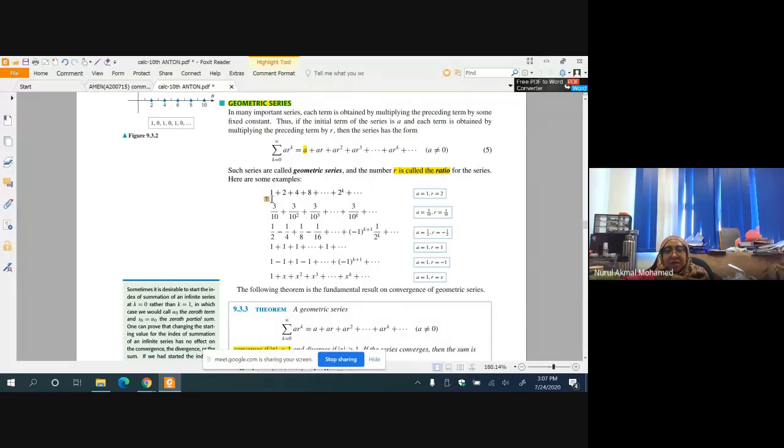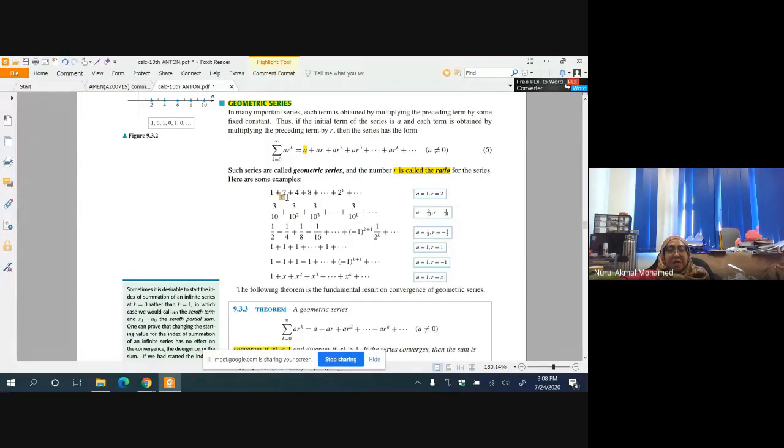The ratio is 2 divided by 1, which gives you 2, 4 divided by 2, which also gives you 2, and 8 divided by 4, which is also equal to 2. So if the r for each of the terms is the same, then it is confirmed that it is a geometric series.